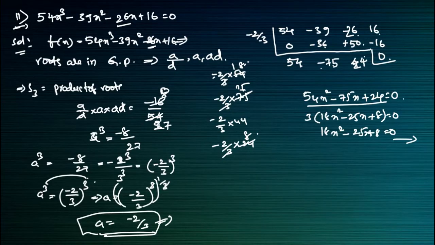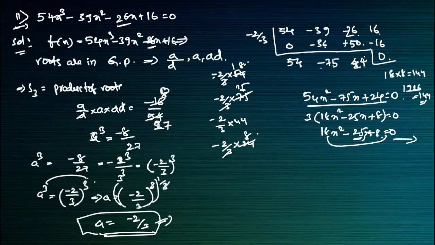So the product of a and d, for 18 8s are 144, this factor will come with the 25. 9 16s are 144, yes. 9 plus 16 is 25.